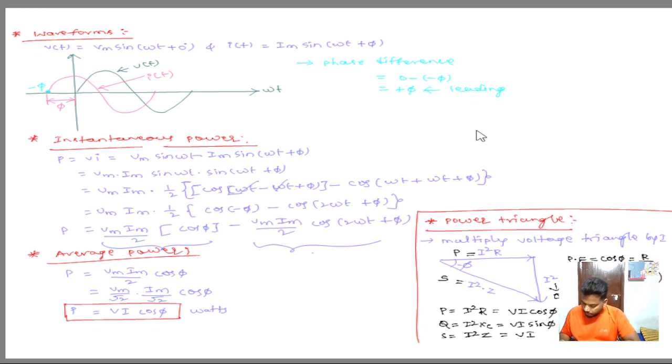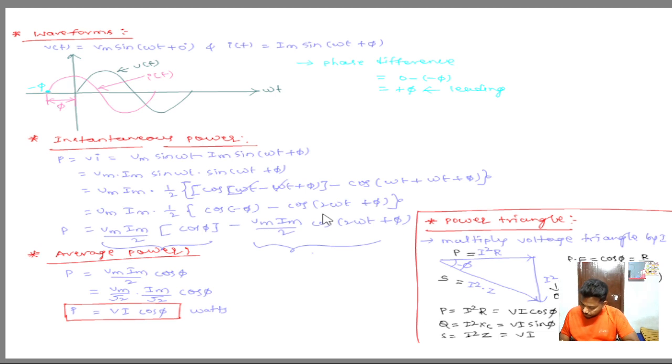What are the units for active power? It is measured in watts. What are the units for reactive power? Volt ampere reactive. What is the unit for apparent power?